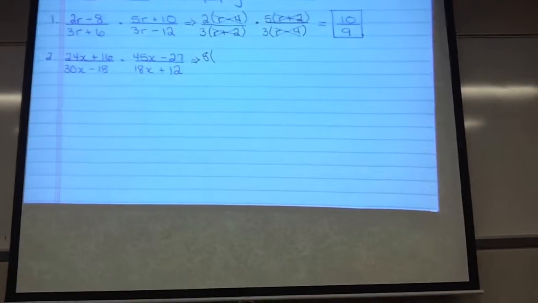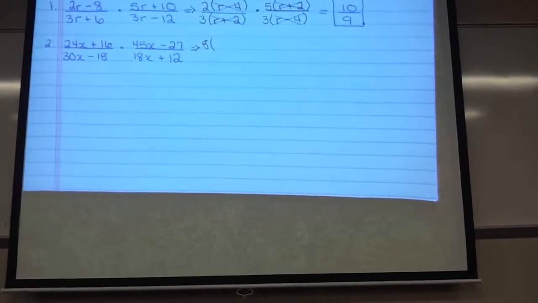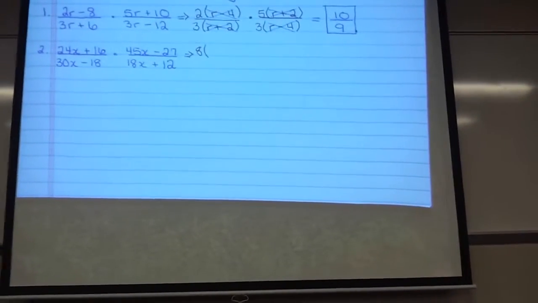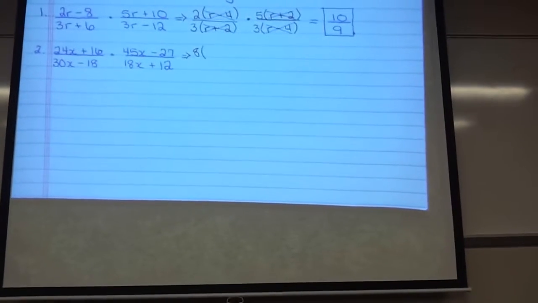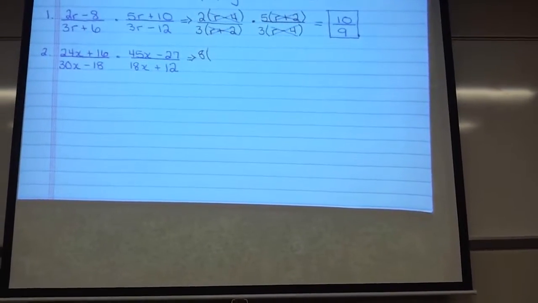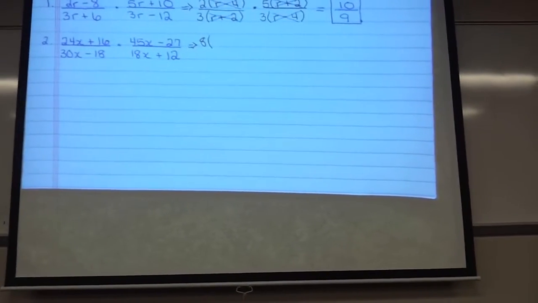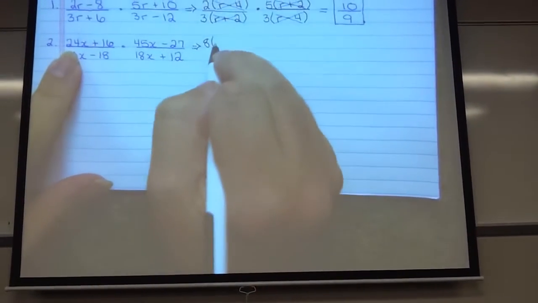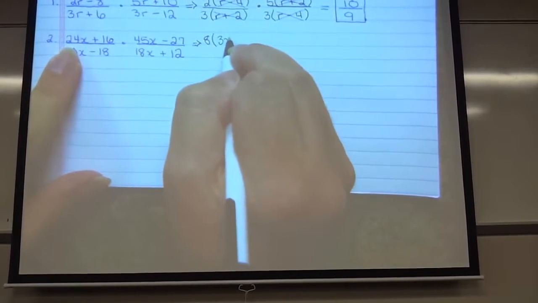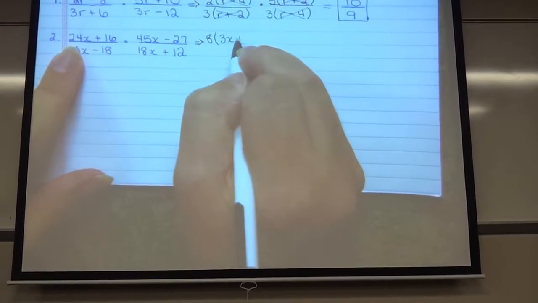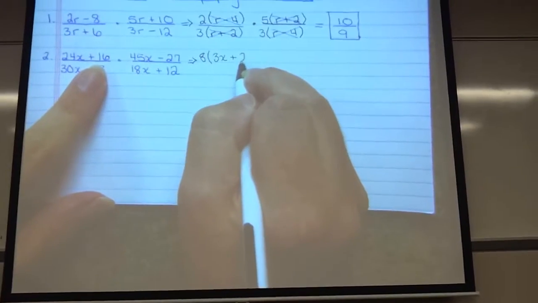Those of you who took out a 4, did you have 4 parentheses 6x plus 4? And then the 6 and 4 saw something in common, so that means you have to take out something bigger. So if I take out an 8, 8 goes into 24 3 times with your x, plus 8 goes into 16 2 times.